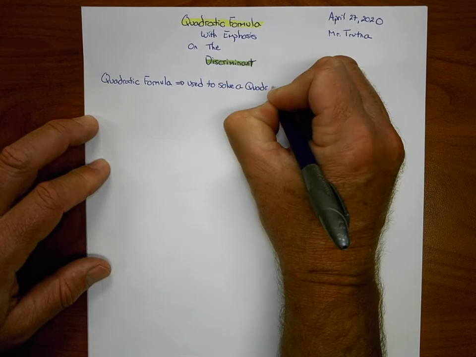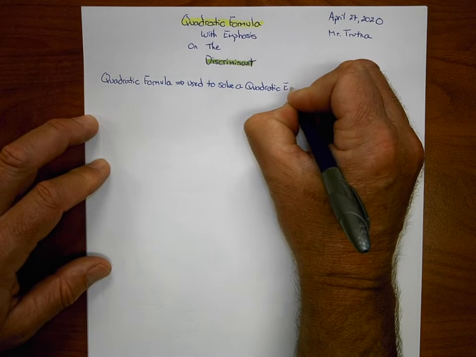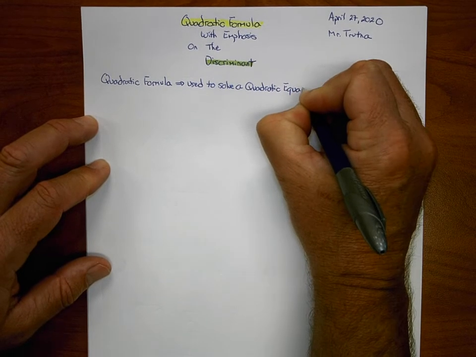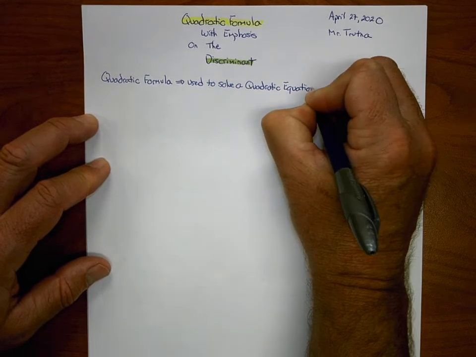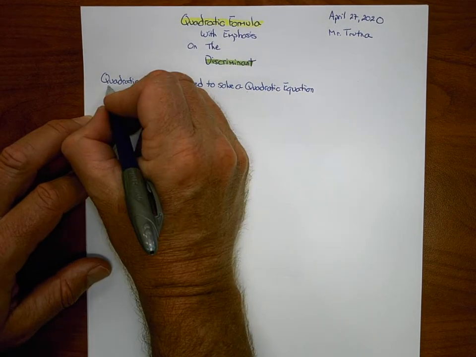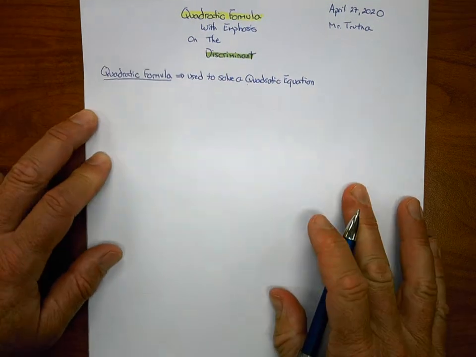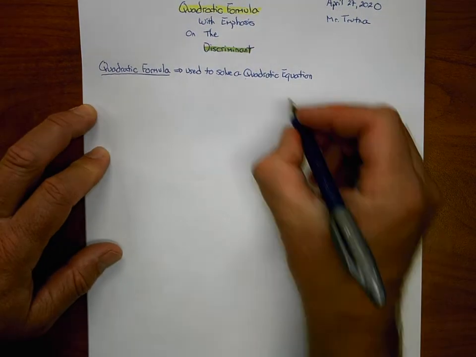Last week we worked on how to solve a quadratic equation by completing the square. Well, we're not really going to be solving today, but I'm going to introduce to you the quadratic formula.